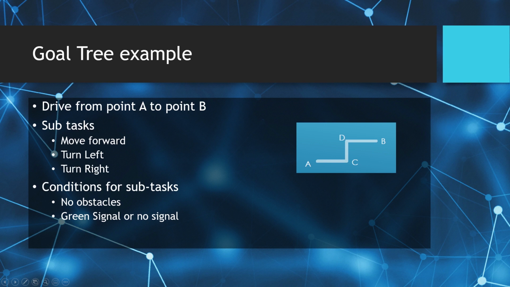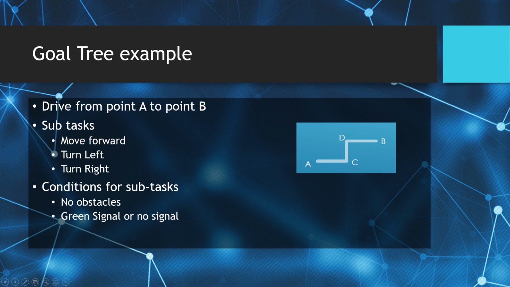Let's take a look at how we break down a problem into a sort of tree. Let's say that the goal of an agent is to drive from point A to point B. We can refer to the example we discussed earlier about the autonomous vehicle. If you look at the pathway of the problem in the figure, you can see that there are a few steps involved.